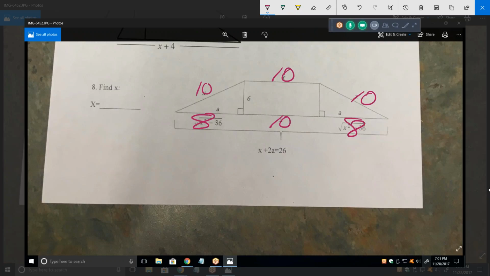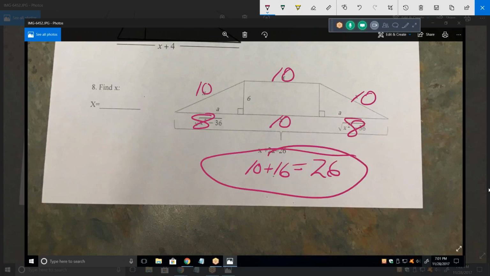That's 8. Now, is 10 plus 2a, a is 8, so 10 plus 16, is that 26? Yes. Works. So x is 10. Okay.